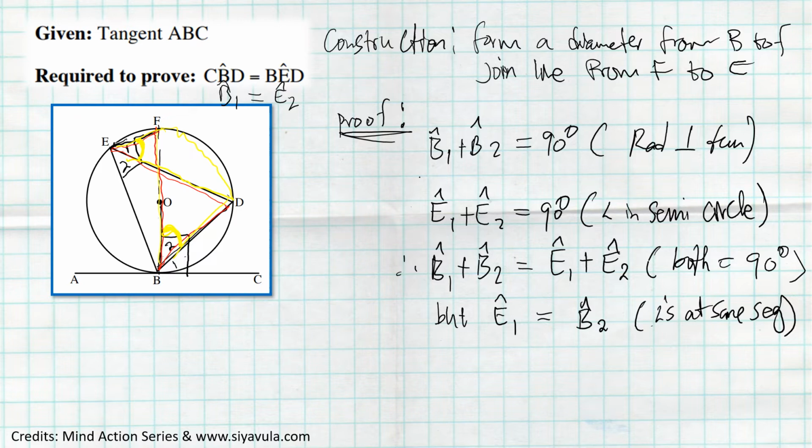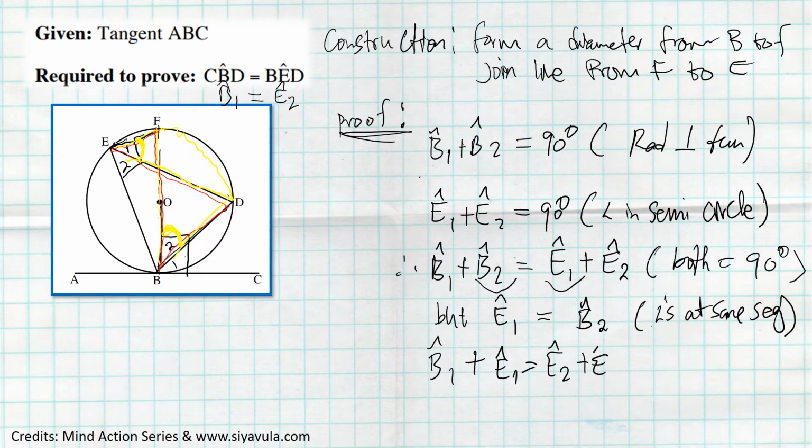Meaning that I can now cancel out E1 and B2 because they are equal. We are saying B2 is equal to E1. So if these two are equal, when you transpose the other, it's just going to cancel. But for you to see this clearly, where there is B2, I can just place E1, because E1 is the same as B2.